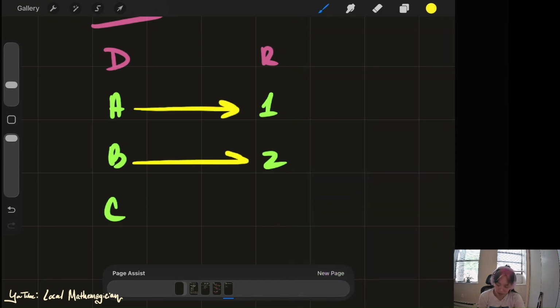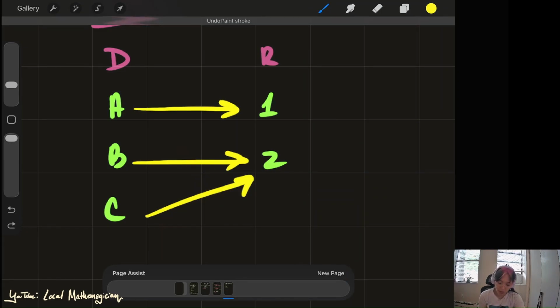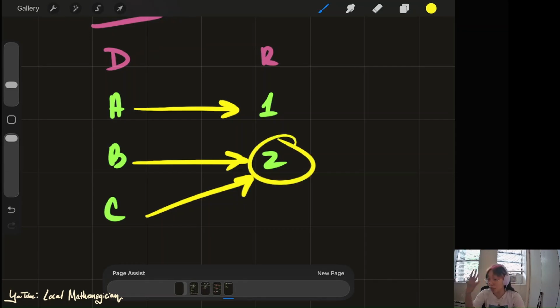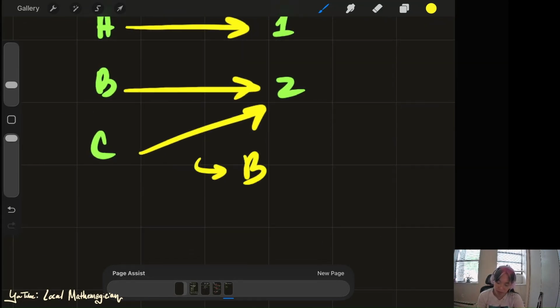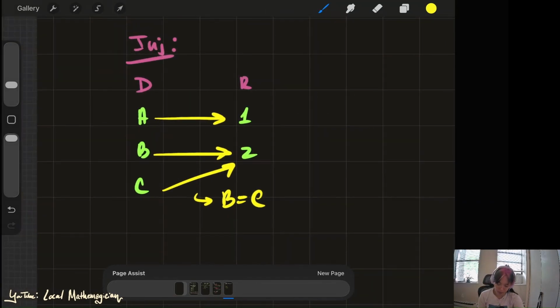This is okay. This is not. If B maps to 2, and C also maps to 2, then B must equal C, or the function is not injective. Okay?